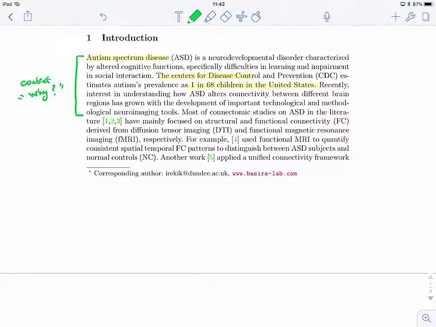Now let's look at the next sentence. So most connectomic studies on ASD in the literature have mainly focused, so this is important, so the majority of those studies, these are key terms that you guys can use, they mainly focused on structural and functional connectivity. So for example, I'm giving a different example.